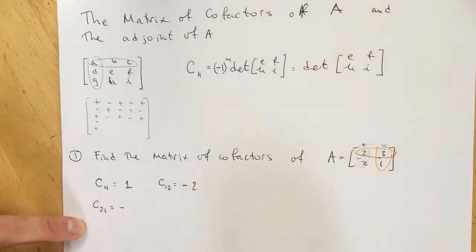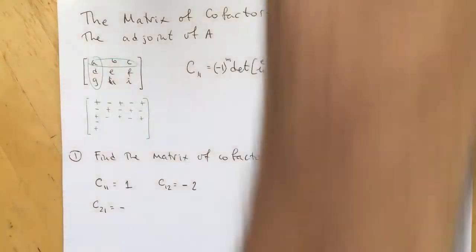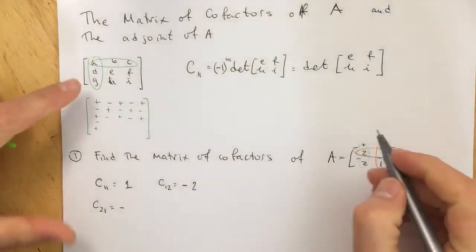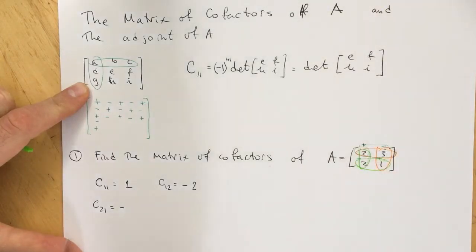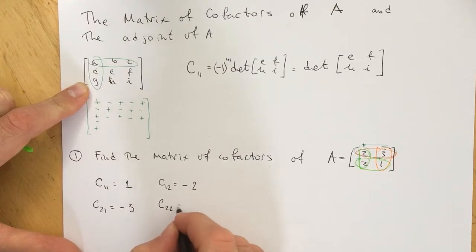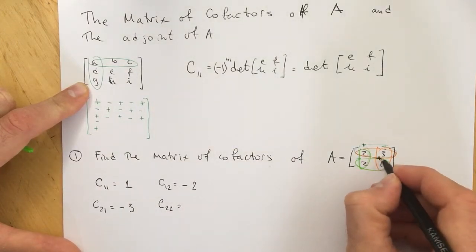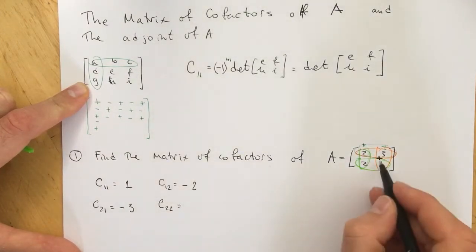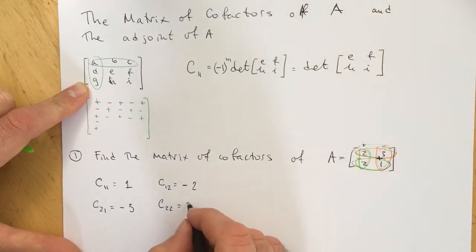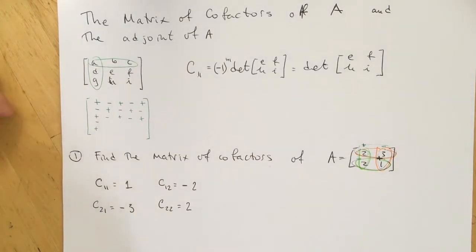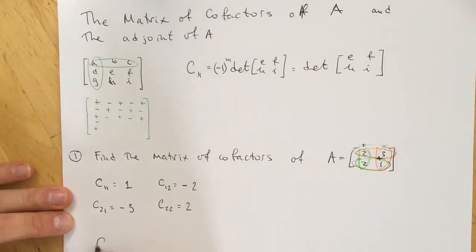So when I take out the column and the row where it belongs, that leaves me with the entry 3. Okay, and C2,2 is equal to, obviously here I have the positive. So when I take this row and this column, I'm left with the entry 2. So from here, the matrix of cofactors is simply 1, -2, -3, 2.